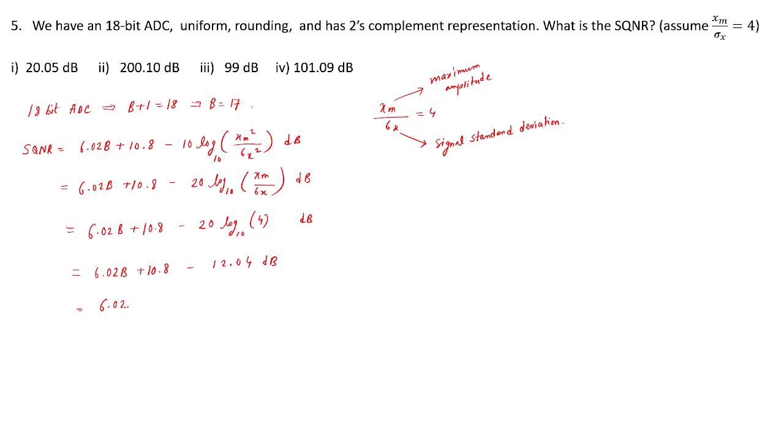That results into 6.02b minus 1.24 dB. 6.02 into 17 minus 1.24 dB, which approximately comes out to be 101.1 dB, which can be written as 101.09 dB. So we have obtained the fourth option to be the correct one.